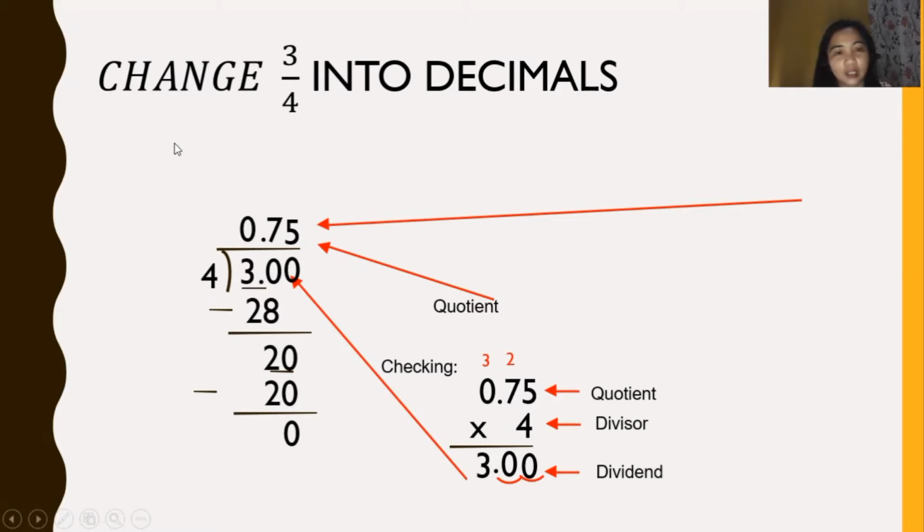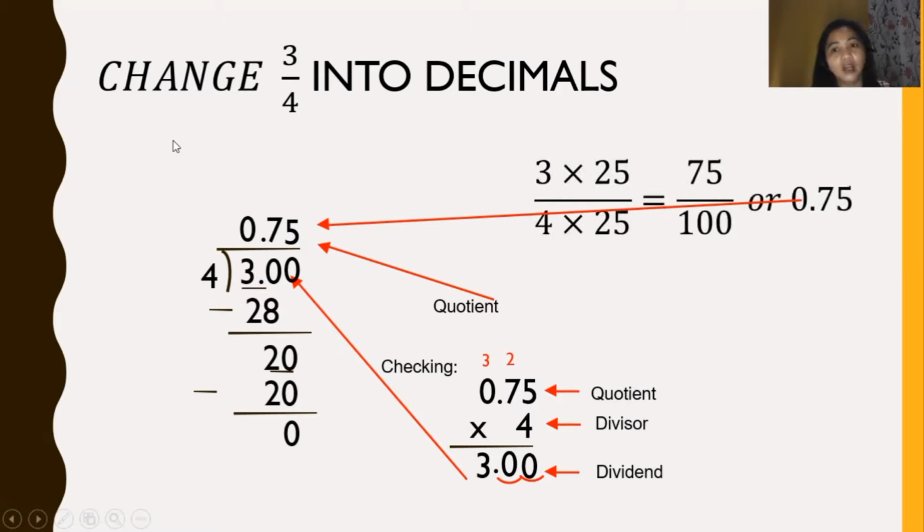Now, pwede rin natin siyang change ng ganitong paraan. So iisip ka ng number na dapat maging yung 4 maging 100, that is times 25. So 4 times 25 is 100. Kasi hindi naman pwedeng gawing 10 ang 4 kasi walang multiplier na magiging 10. So, only thing is to change 4 into 100.